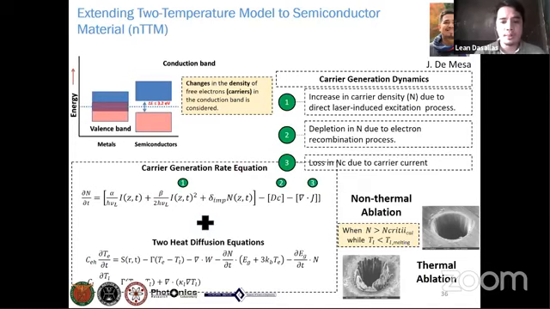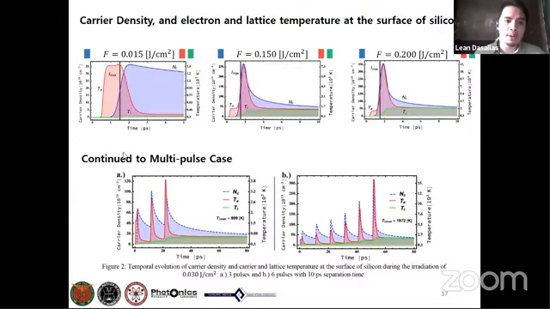As long as we pass what we call the critical current density, the ablation can occur. And this is the case when we use multipulse in our simulation. We can see the incubation effect, that the higher the number of pulses, we can accumulate the temperature and the carrier density.